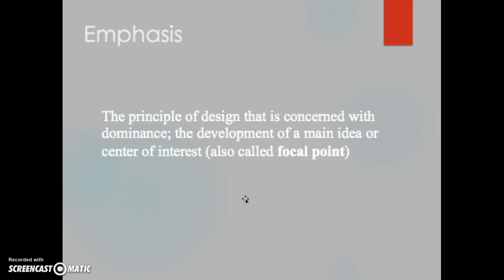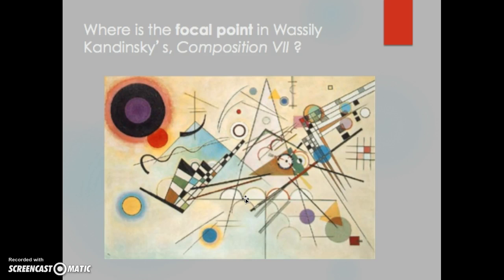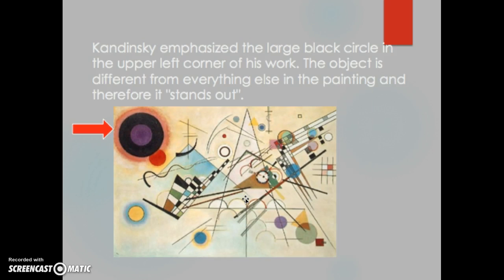Emphasis. What is dominant? What really draws your eye, and try as you might, you cannot get away from it. For example, in Kandinsky's Composition number 7, what is the focal point? Where does your eye keep going? If you said that it was this purple centered, black ringed, orange peachish kind of circle in the upper left, you are absolutely correct.